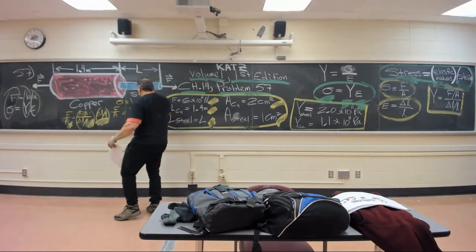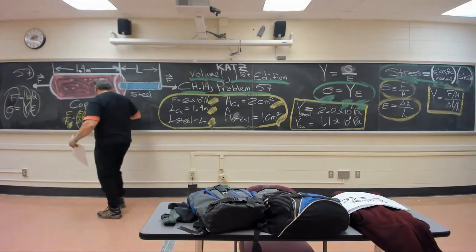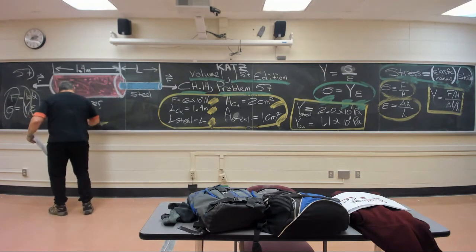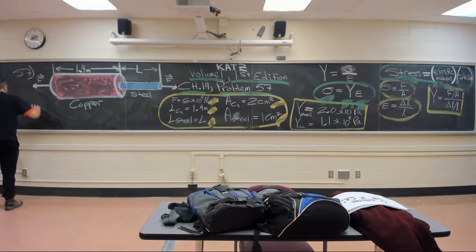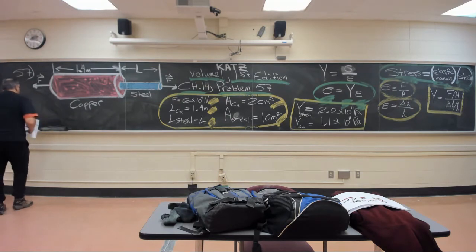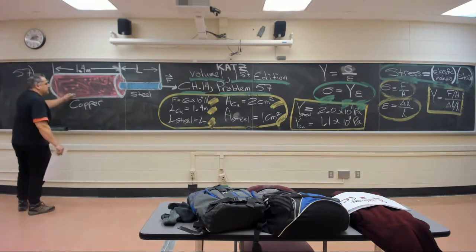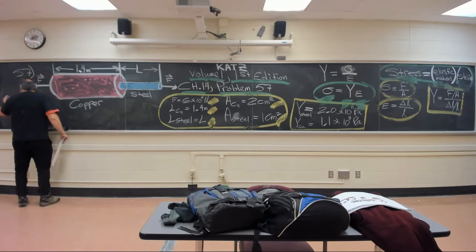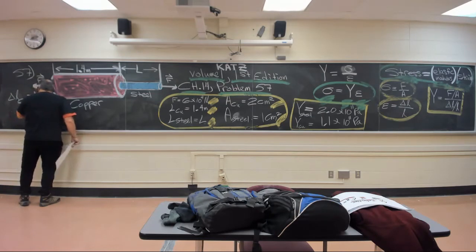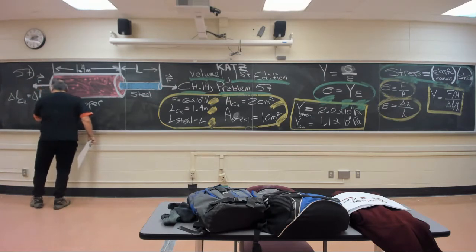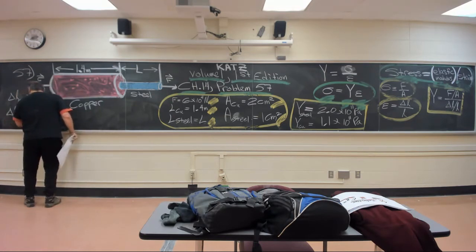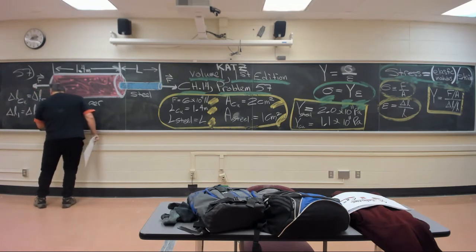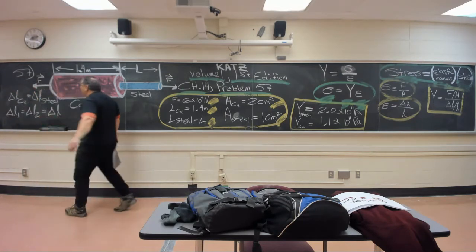At the end of all this, you guys, the delta of the copper is going to be the same as the delta of the steel when the force is applied. It's like saying delta L1 equals delta L2 equals delta L. They both stretch delta L.